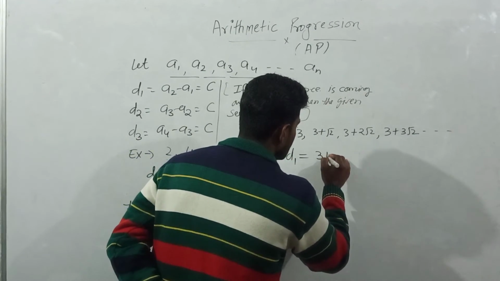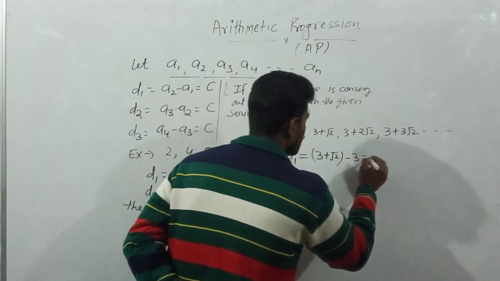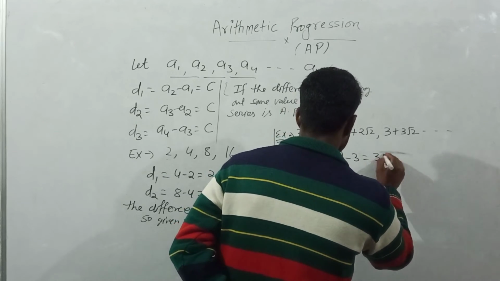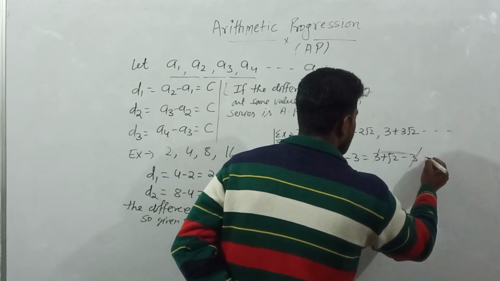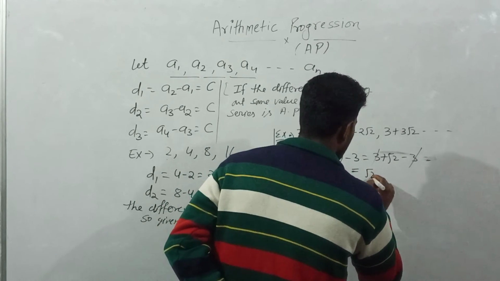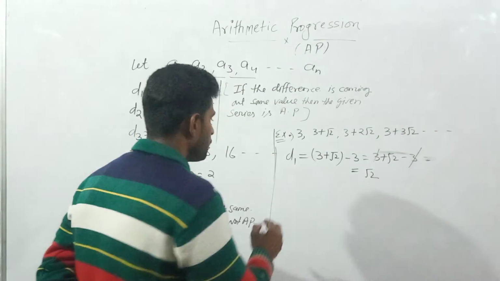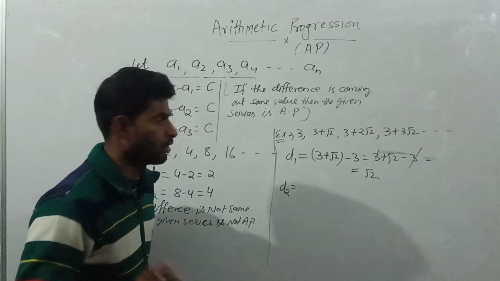The second term is 3 plus root 2, and subtract 3. It will come out root 2. How root 2? Open the bracket, and this 3 is cancelled out by 3, and this will be equal to root 2. So D1 comes out root 2. Now find out D2 so we can be clear whether it is the same or not.